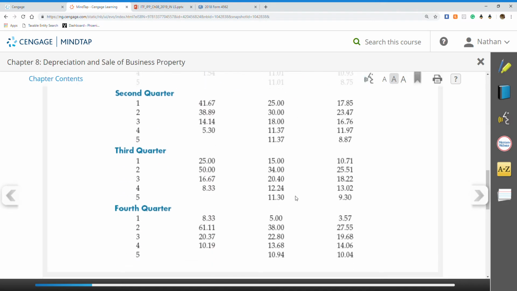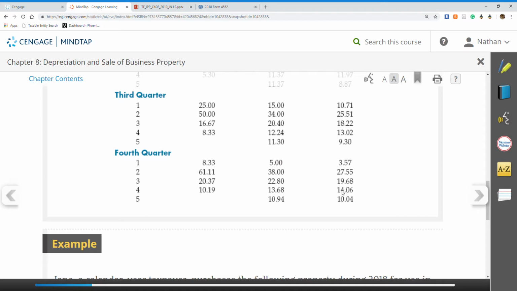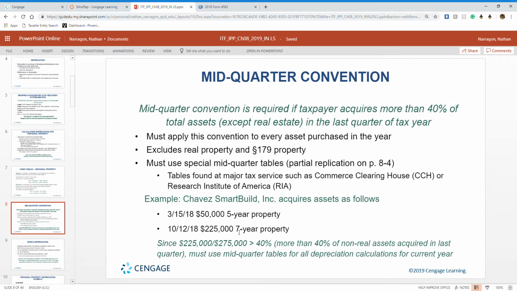The other one was a 7-year, and it happened in the 4th quarter. So it'll be 3.57% times the 225,000. So basically 0.0357 once we convert the percentage over to decimal form.